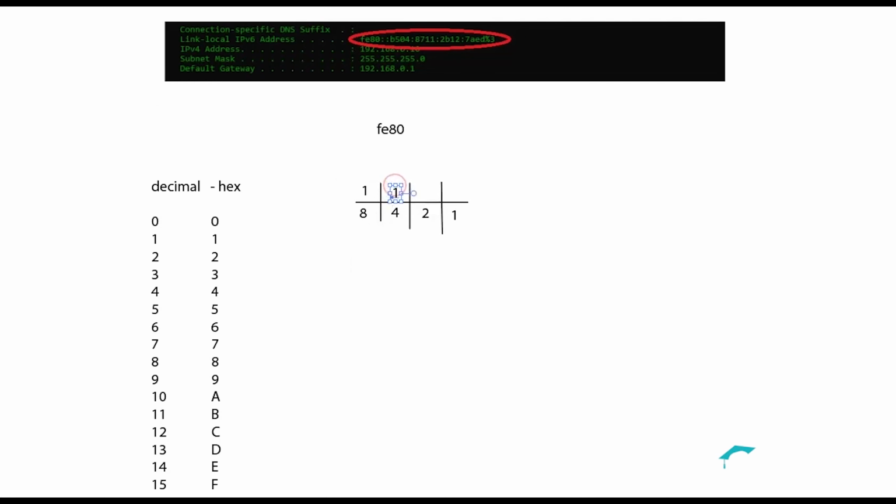And then we can do that for the rest, and since F is the largest value and equals 15, we can just add the last ones as ones. So now we know that the first binary set of this hexadecimal group is going to be 1111, corresponding to the F, and then we can do that for each of the values.